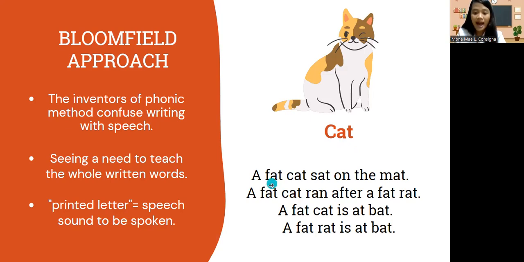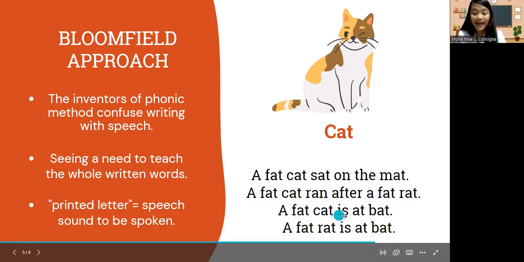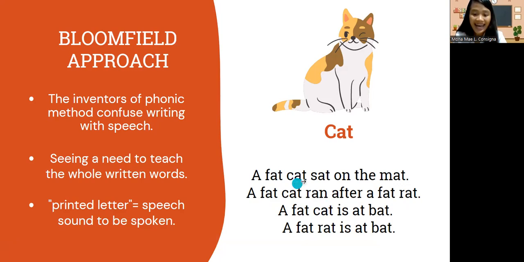For example, a fat cat sat on the mat. A fat cat ran after a fat rat. A fat cat is at bat. A fat rat is at bat.